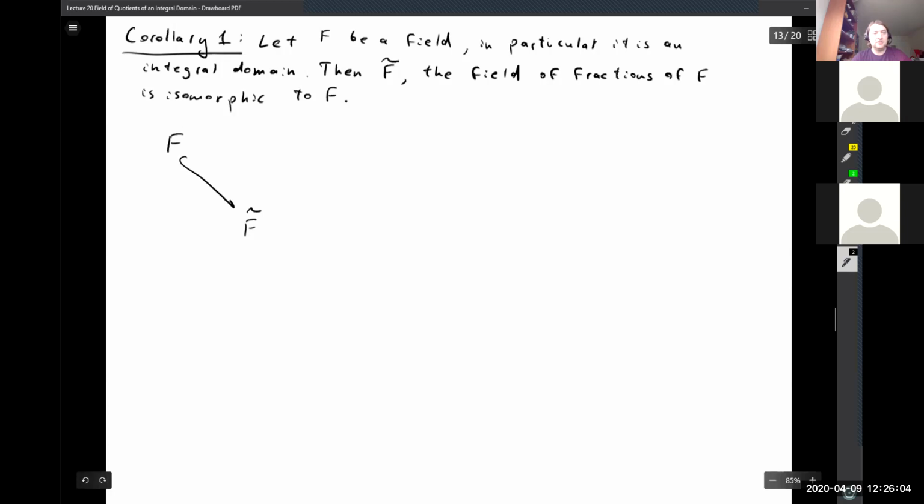We know that F injects into a field of fractions, and if we have an embedding of F, then by theorem 2, what we'll get is that the field of fractions is isomorphic to F. Okay, so for the proof, apply theorem 2 for D equals F and L equals F.